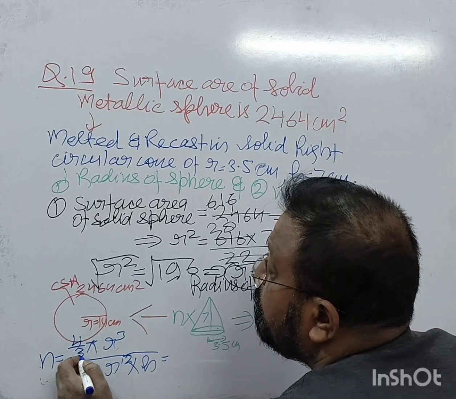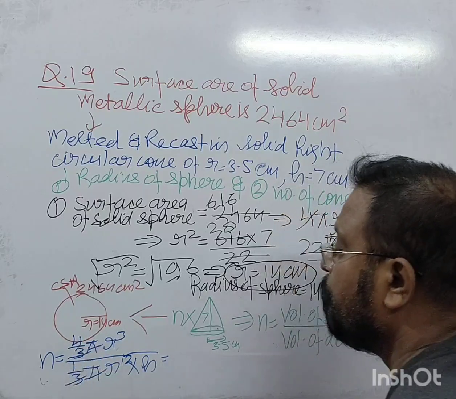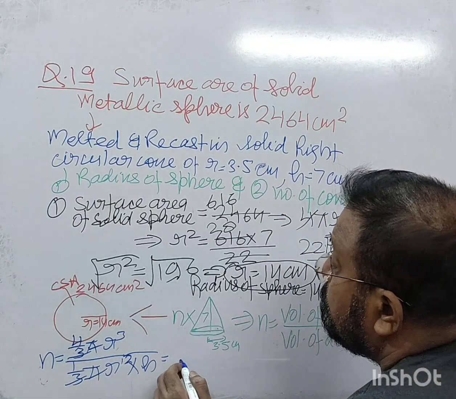So the 3 and 3 cancel, pi and pi cancel.